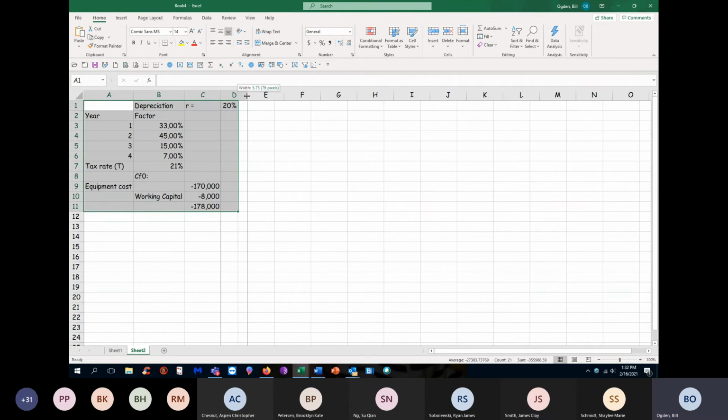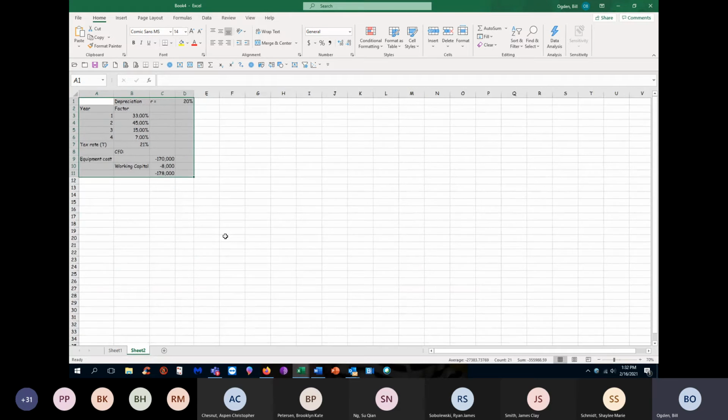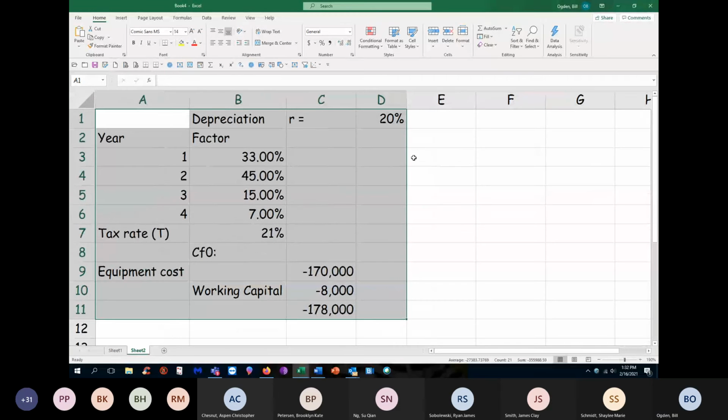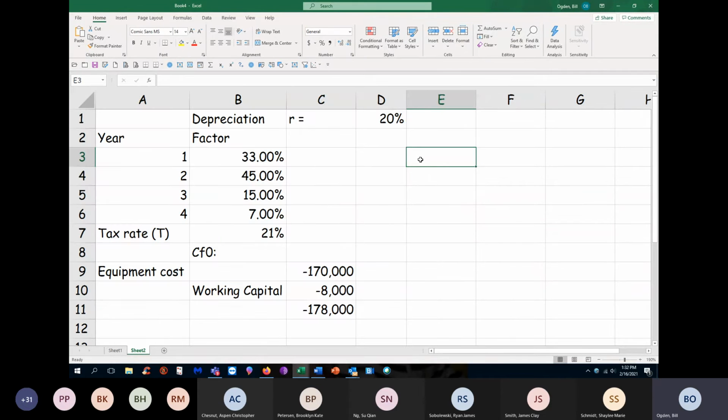Now I'll blow this up. Let's give ourselves one more number while we remember it, and that would be annual savings. We'll put that in as $50,000.